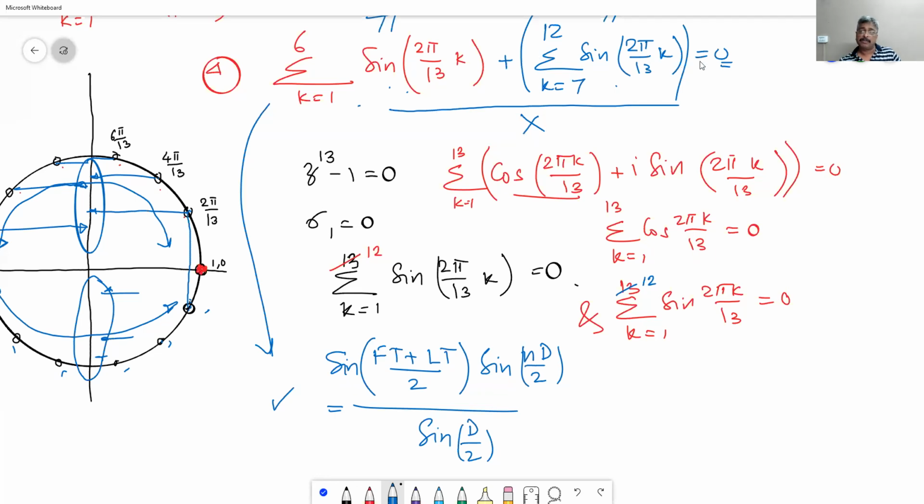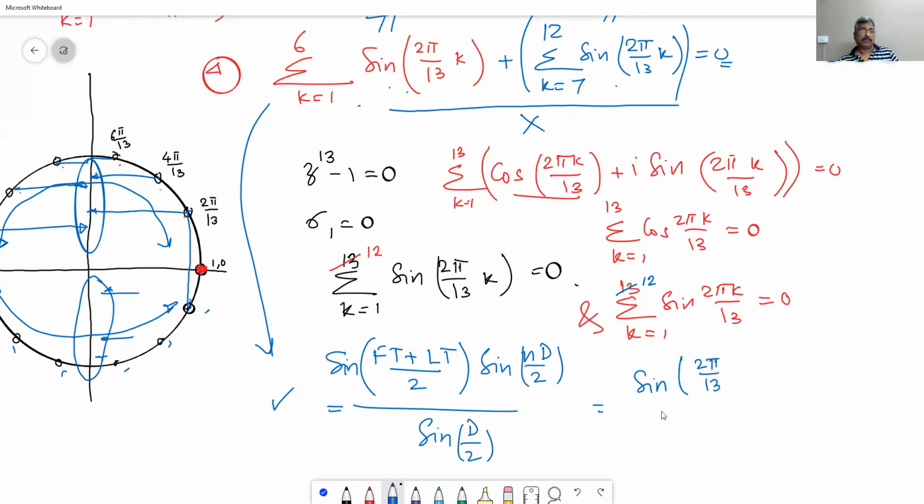In all earlier 3 problems it was giving us a good answer, and therefore now we have no chance but to use the summation formula. Is this formula correct for sine? Can you confirm? Yes. So the first term is sine of 2 pi by 13.